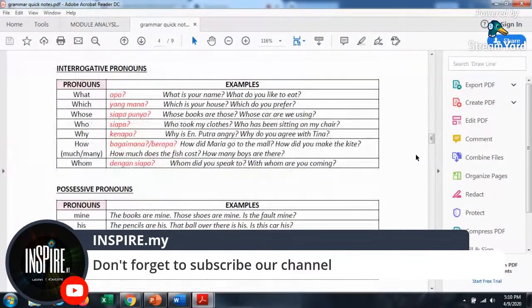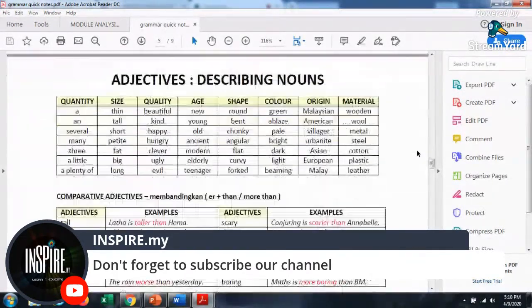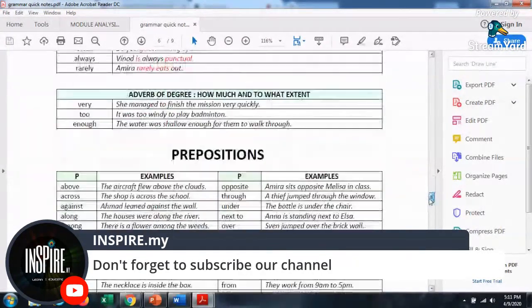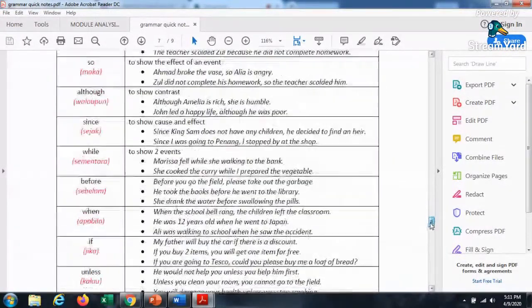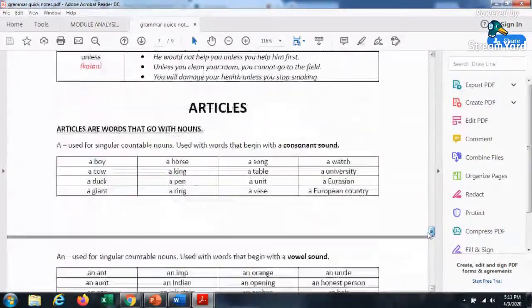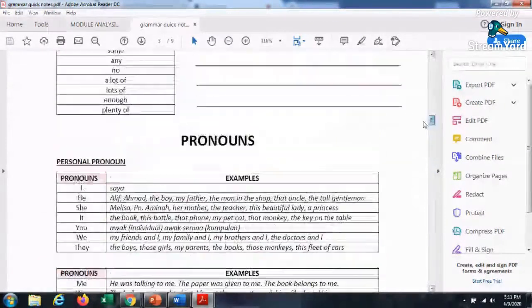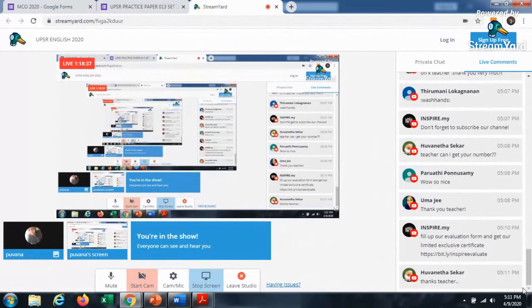Then I will send it to you. It's about English. I did it for my students, who are very weak, so I included examples and stuff like that. If you want it, just email me and I'll give it to you.